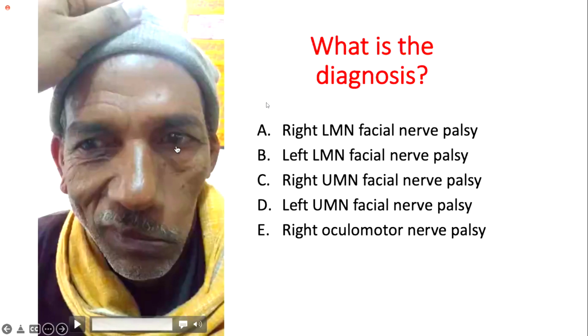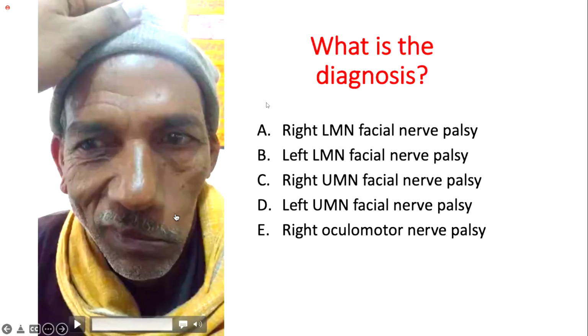Here the problem is the eyes can't close, but you can open the eyes, there's no issue. So the face is deviated to the right side, you can see the forehead wrinkle. The lesion is on the left side. Now the next question is, is this upper motor or lower motor? That's the localization. So the first question is which nerve? Seventh cranial nerve. Which side? Left side. You are lateralized. Next question to localize: is it upper motor or lower motor?